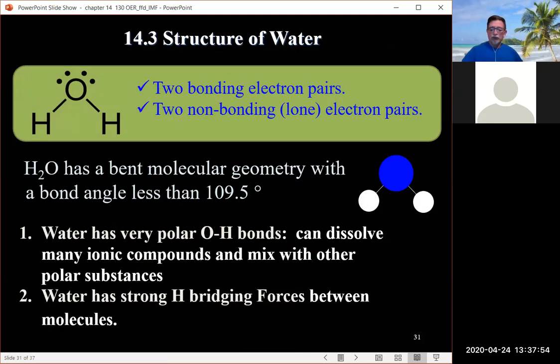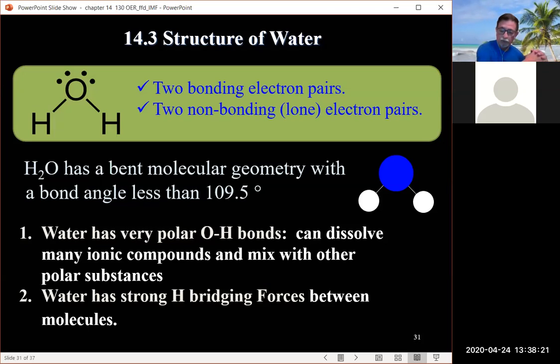Very briefly, I'm going to talk about water. Water is very special. It has some interesting properties. Going back to the Lewis dot structures, we determined that it has a bent geometry, and its bond angle is much less than 109. Water is very polar. It will dissolve literally all ionic compounds.